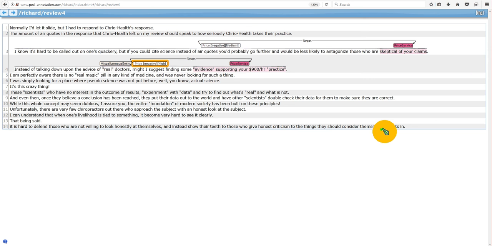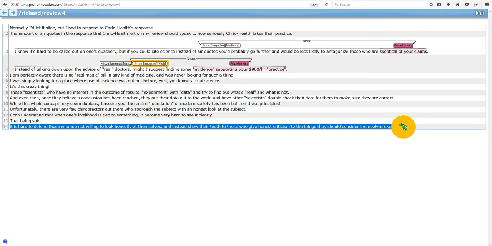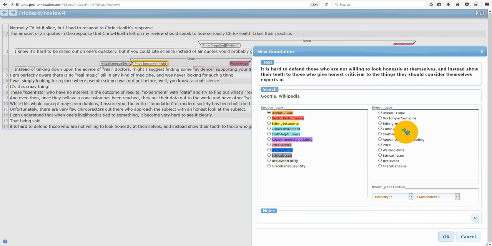It seems more like commenting beyond a specific provider or clinic, and more generic to this whole type of practice or specialty, which we're really hesitant to annotate. But the last sentence, I'm still going to annotate a little bit. I would say this may be miscellaneous.